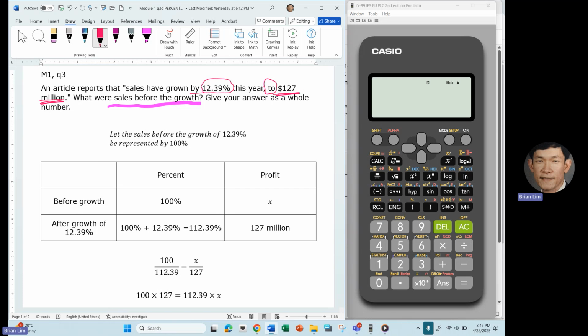Well, we have to let the sales before the growth be the 100% because that is the basis of the increase of this 13.9%.